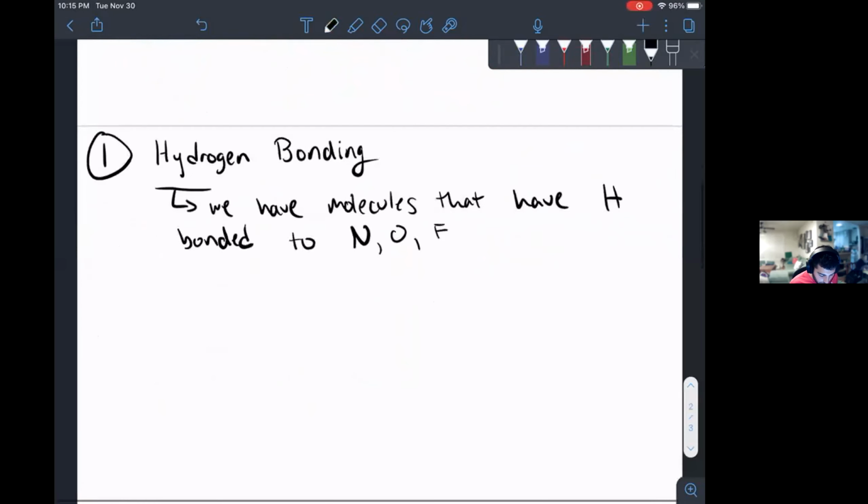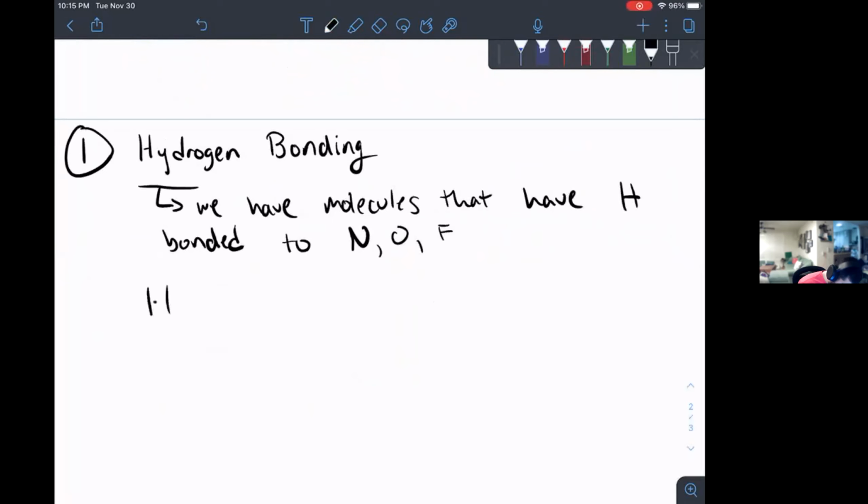Now, it's really specific then, hydrogen bonding. We need to have hydrogen bonded to fluorine, hydrogen bonded to oxygen, or hydrogen bonded to nitrogen. So we must have hydrogen bonded to one of these three elements.